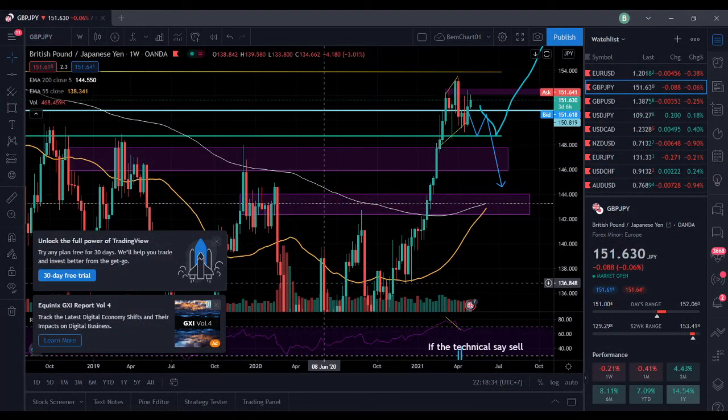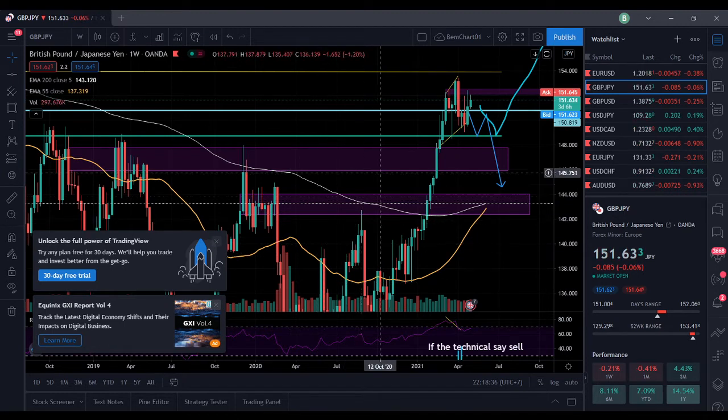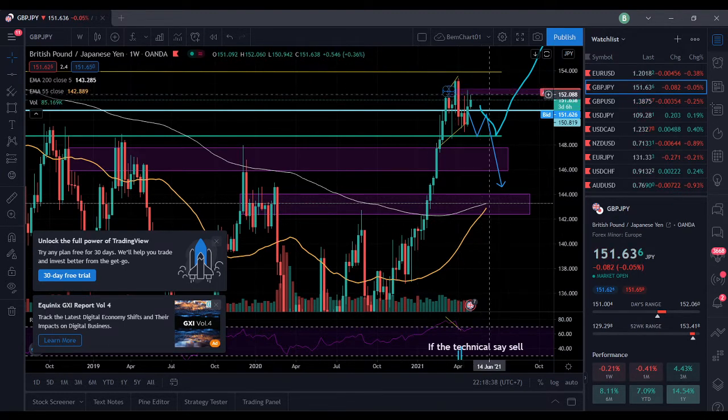This is my scenario. Right now I'm looking at these two things, two probabilities. This is the 55 EMA, so it's going up.